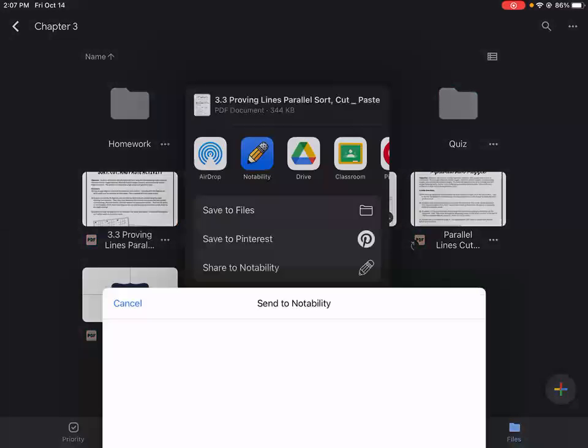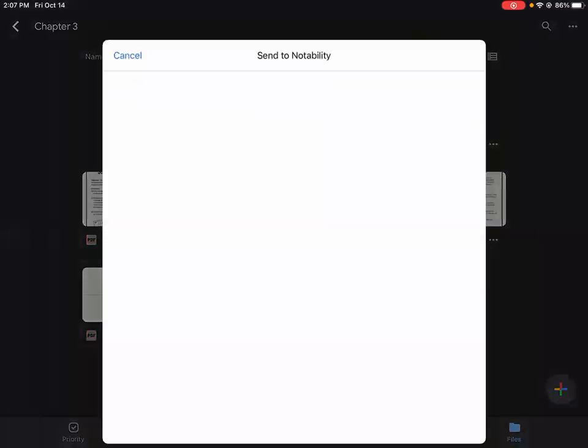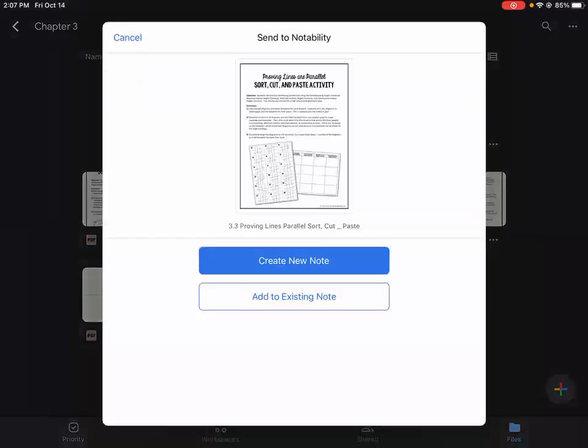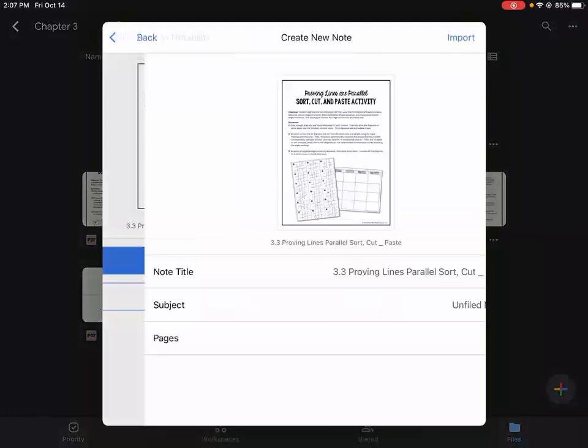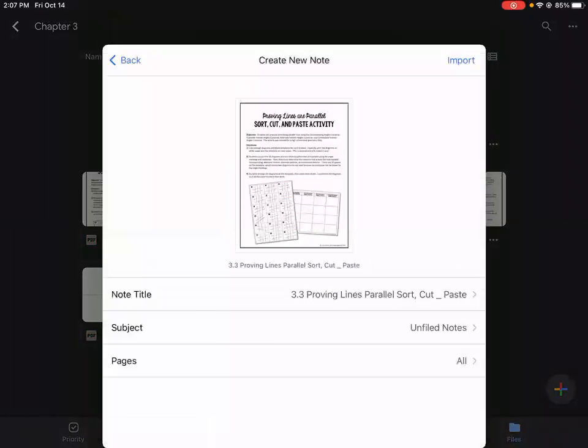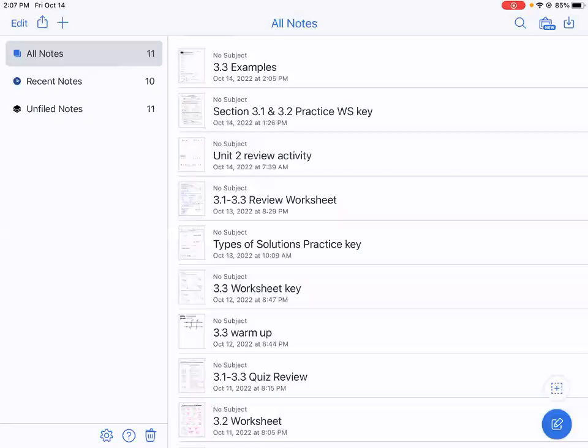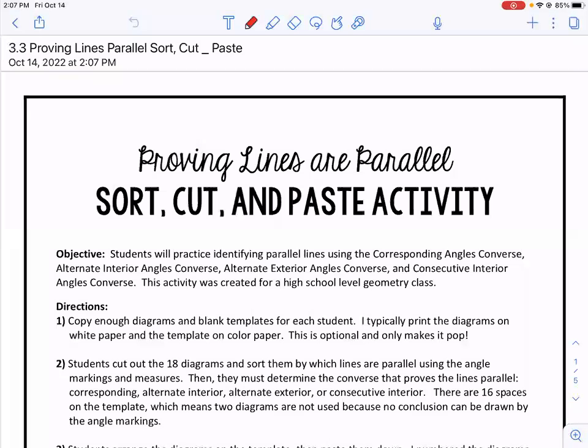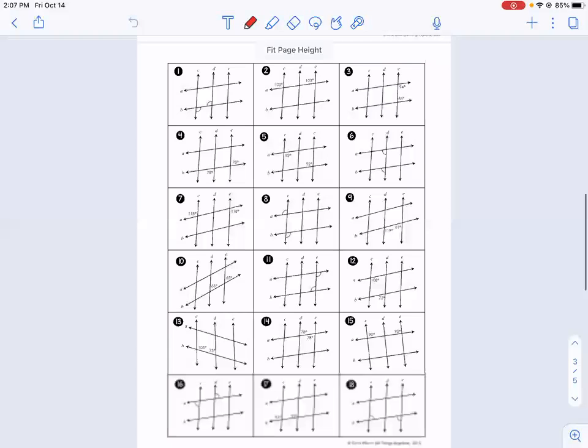No, I'm not doubting. That's the transversal. Oh, yeah. Those are alternate exterior.